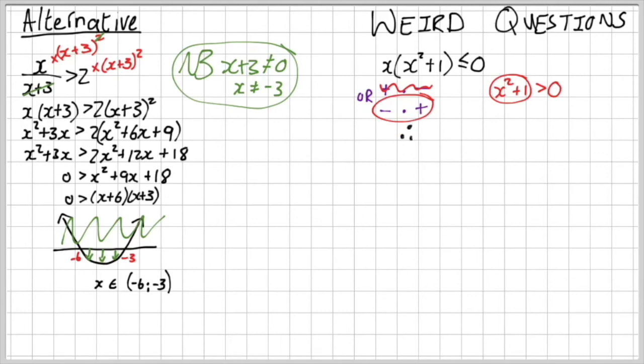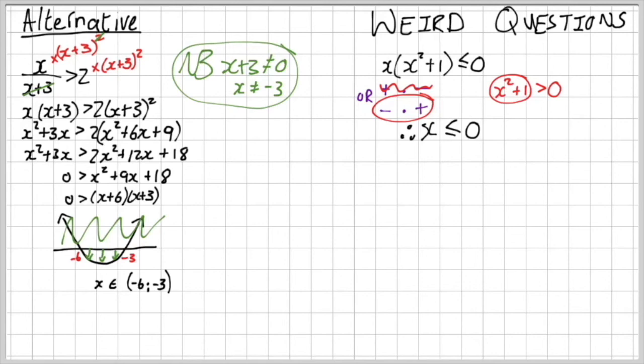This leads me to say that x must be smaller or equal to 0, meaning the x in front of the bracket has to be a negative, because a negative times the positive in the brackets is smaller or equal to 0. So actually I've only got one set of solutions: x smaller or equal to 0. 2 marks, wham bam, thank you ma'am, we're done.